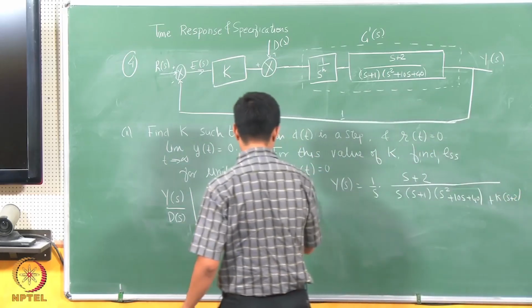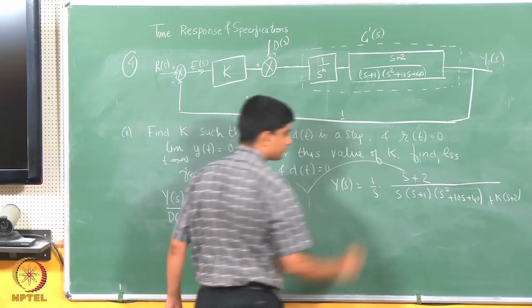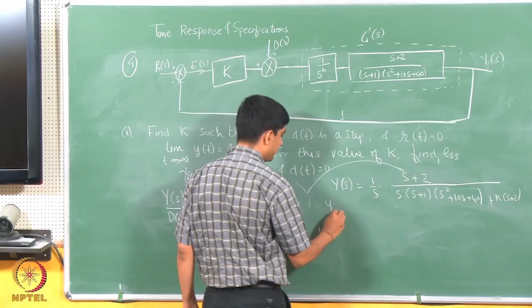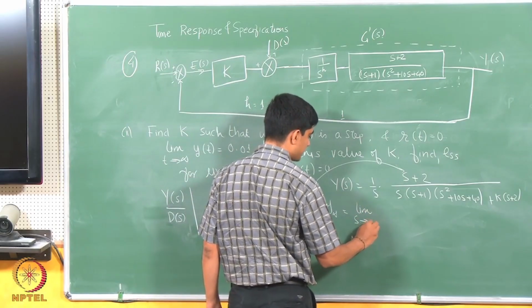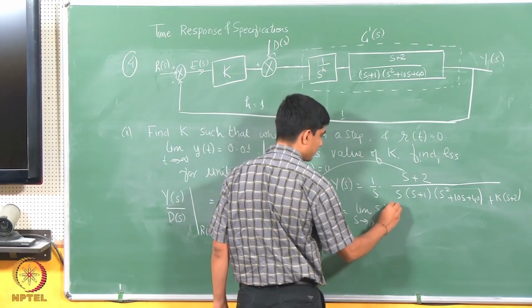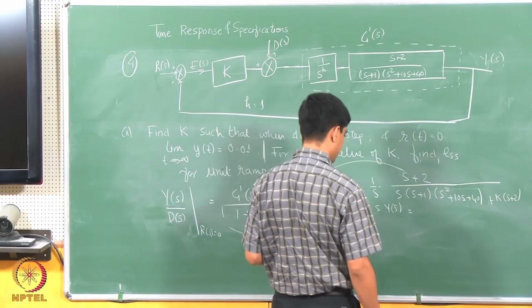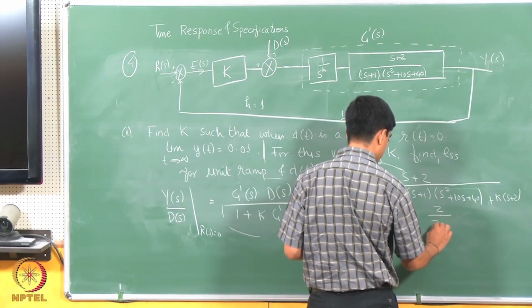This entire thing expands to this one, a straightforward computation. Now, y at infinity, I apply the final value theorem, limit s to 0 of s times y(s), and I do all the math and I get 2 over 2k.